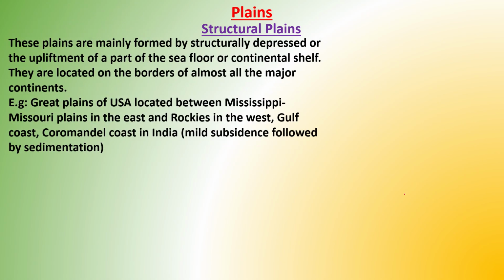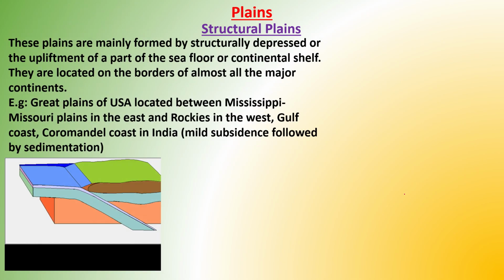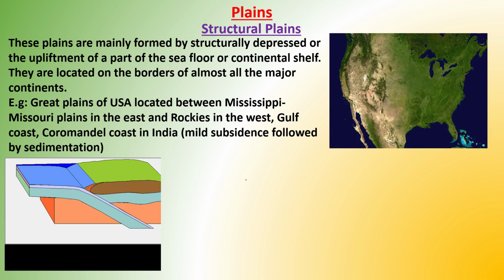Structural plains. These plains are mainly formed by structurally depressed or the upliftment of the part of the sea floor or continental shelf. They are located on the borders of most of all the major continents.